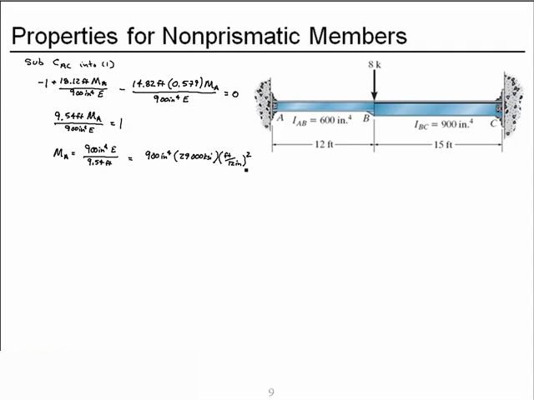We need to square our conversion and divide by 9.54 feet, and we get 19,000 foot kips. And that is our bending stiffness K for member AC.